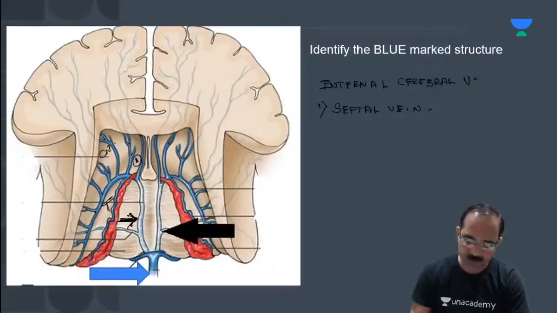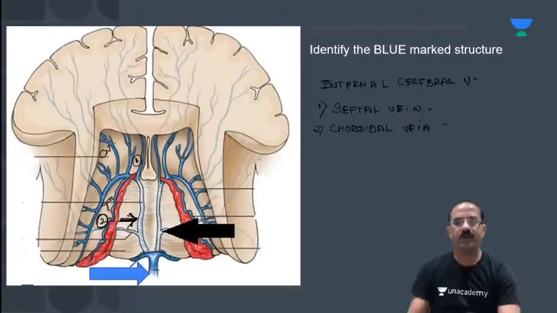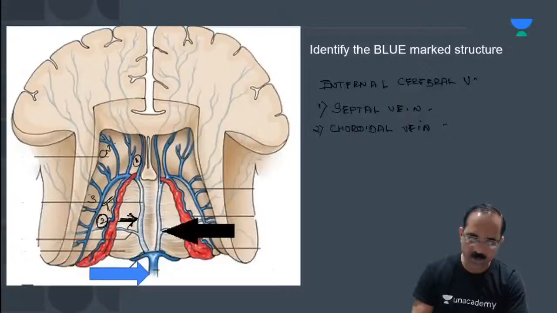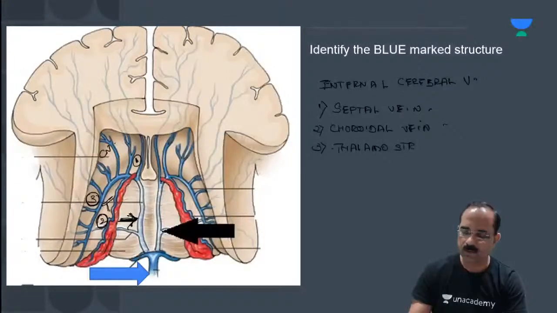Number two is the choroidal vein, and this choroidal vein drains the choroid plexus. And number three is the thalamostriate vein.